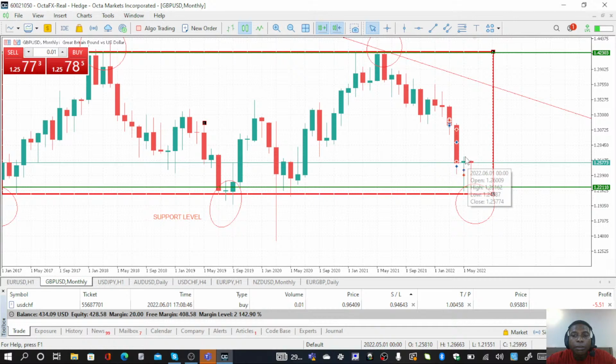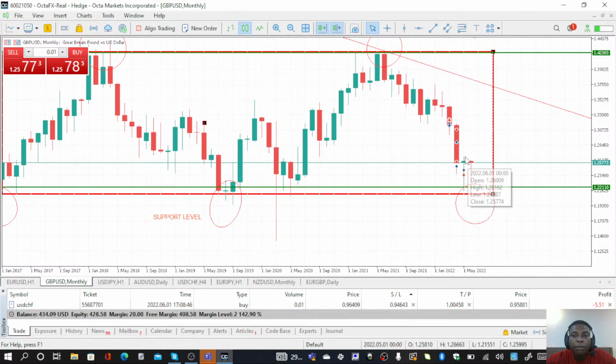This week gives us an indication that there are a lot of buy orders at this support level, and this support level shows that buyers are willing to buy at this price, and that is why we saw a massive rejection to the upside. This massive rejection to the upside is an indication of a bullish momentum coming in.